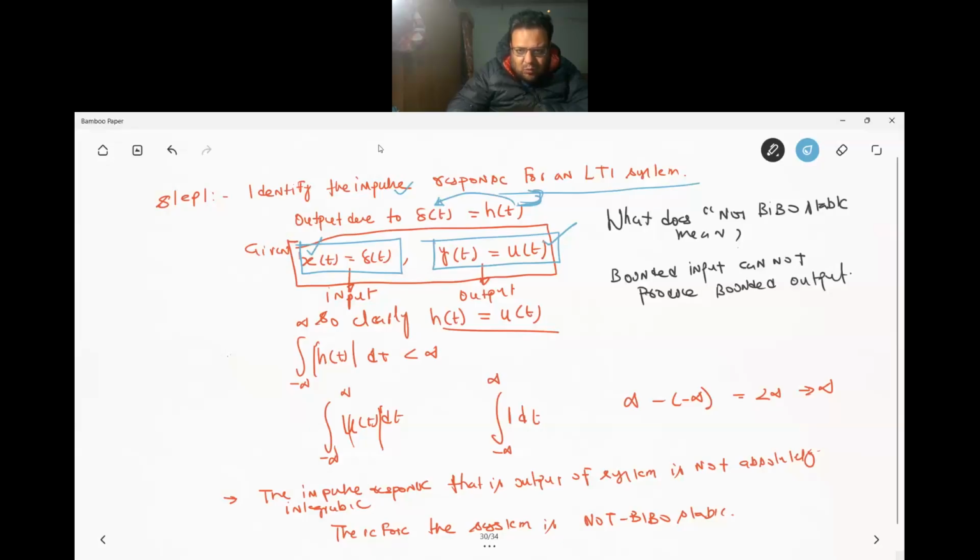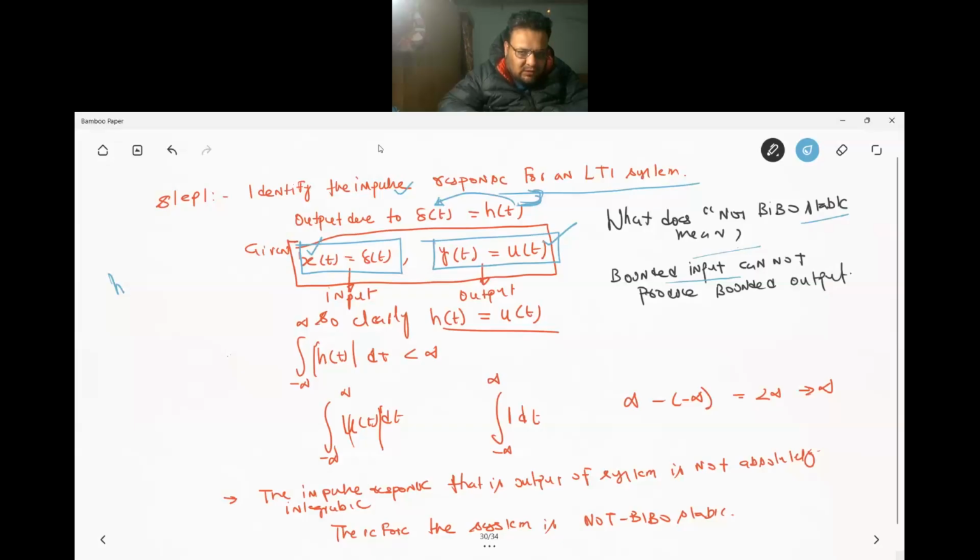So what does a BIBO stable system basically mean? A BIBO stable system is one where a bounded input will create a bounded output. Now we are clear. If you go back to my previous lecture also, you'll understand from there. The given data is that your x of t is equal to your impulse function.